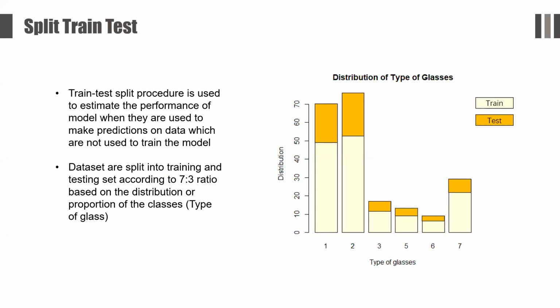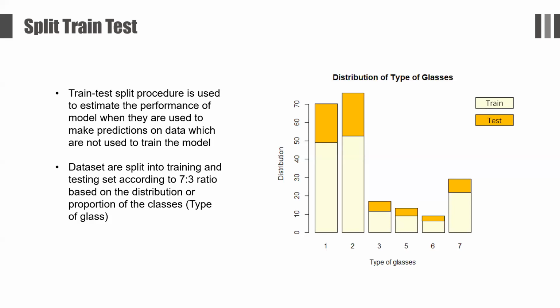Train test split procedure is used to estimate the performance of a model when it is used to make predictions on data which are not used to train the model. Datasets are split into training and testing sets according to a 7:3 ratio, based on the distribution or proportion of the class.